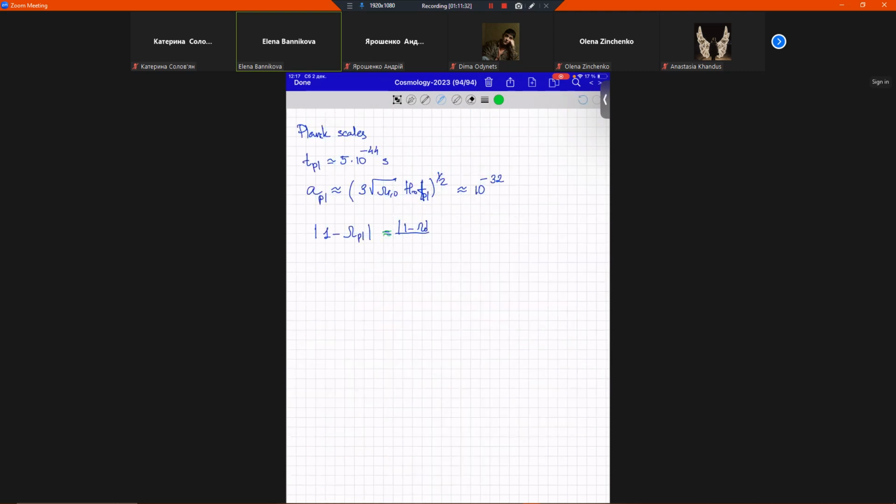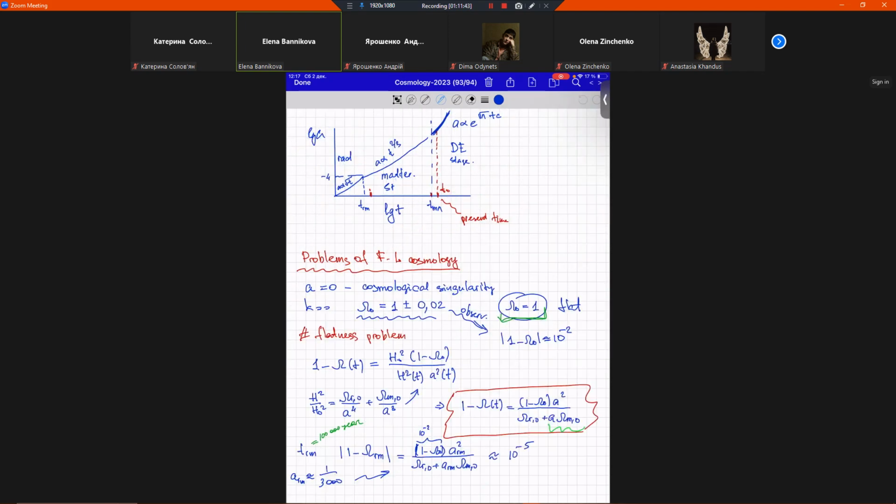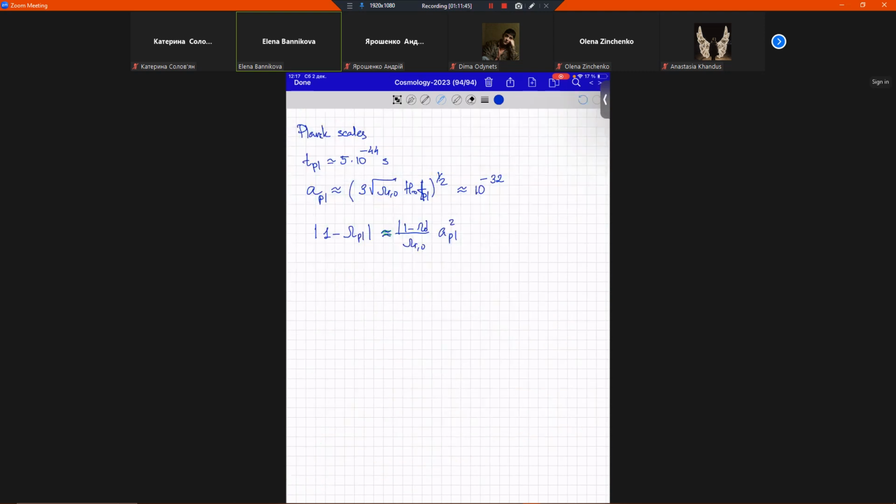Again we put approximately omega r0 a_Planck squared. If you put all of this in, you will obtain approximately 10 to the minus 60 or minus 61, doesn't matter. And this is incredible.